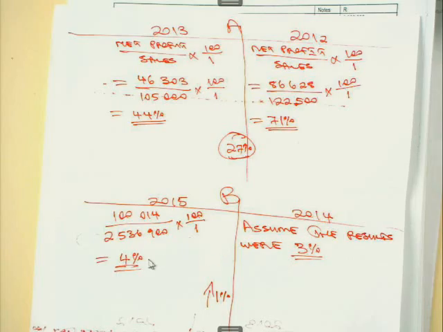In 2015 things improved, you are now earning 4 cents for every 1 rand. So although the ratio has improved, we are saying they are still too low. But the higher the profit margin, the more income or profit that the business is earning.